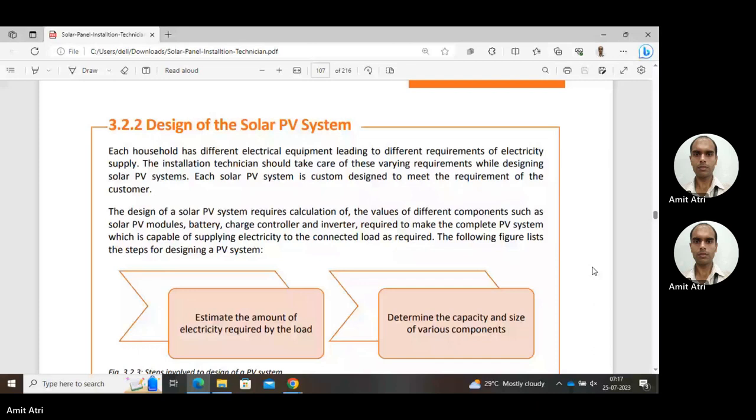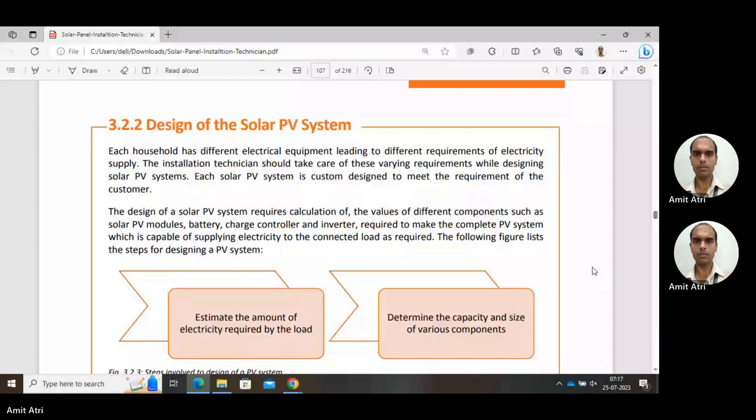Yes, each solar PV system is custom designed to meet the requirement of the customer. The design of a solar PV system requires calculation of the values of different components. So what were the components which we have discussed in a solar PV system? First one was solar modules, the solar panels, then the battery, considering the standalone or grid connected with battery backup type of system.